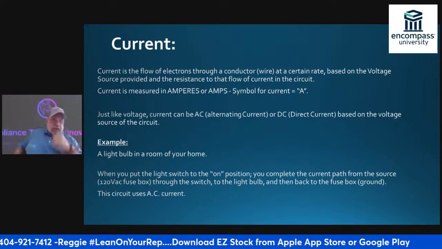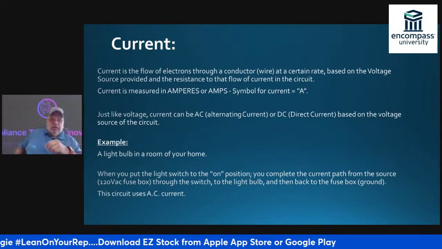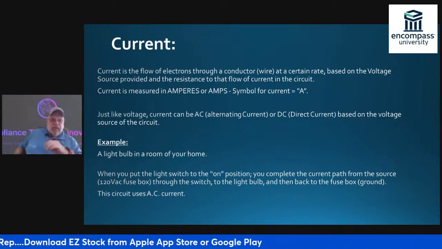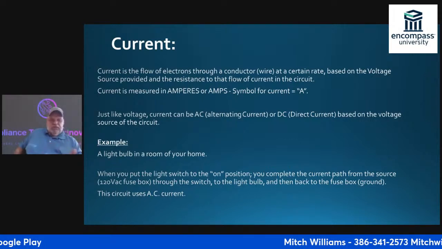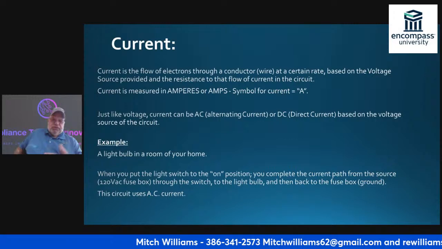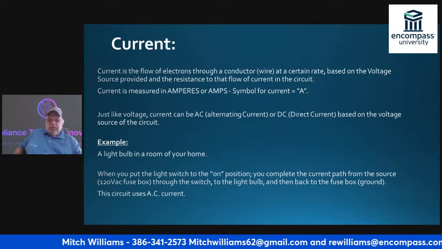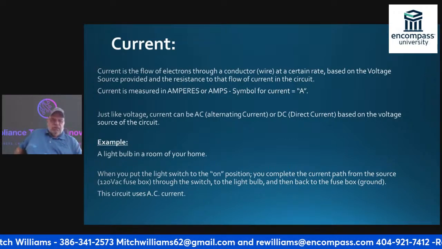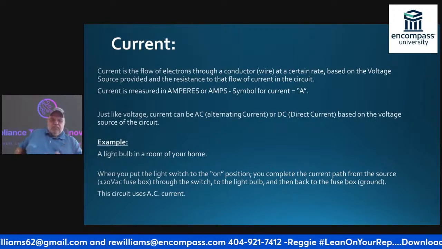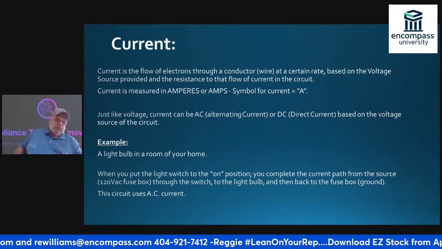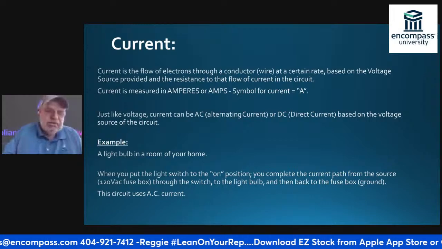It will tell you how much amperage you should be having. But in this example, this is a light bulb in your home. When you turn the light switch to the on position, you complete the current flow from the source to the switch, and then to the light bulb, and then back to the fuse box, which is the ground. Okay, that's for AC.